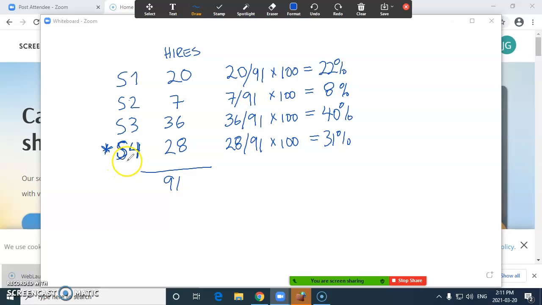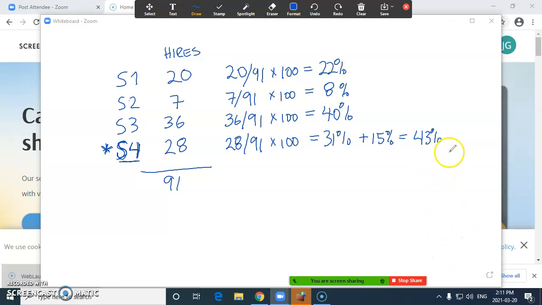So this is the one I want to increase. To increase it 15%, we're just going to add 15% here, which means it's going to come up to 43%. So it's going to go from 31 to 43%.